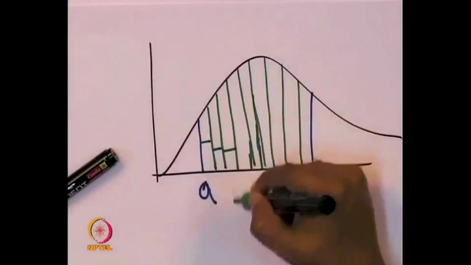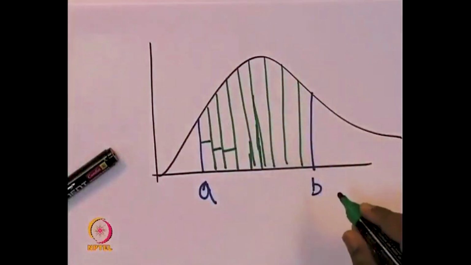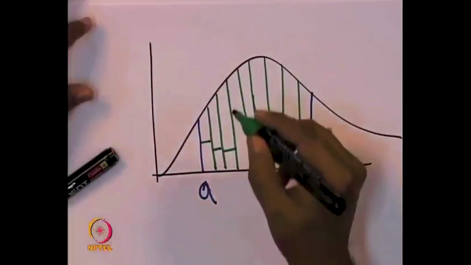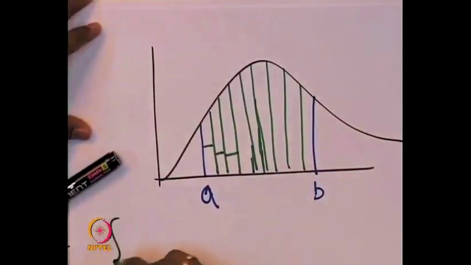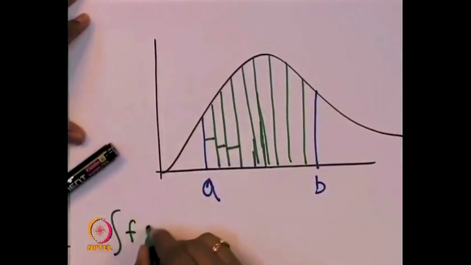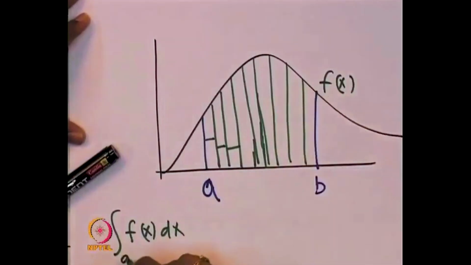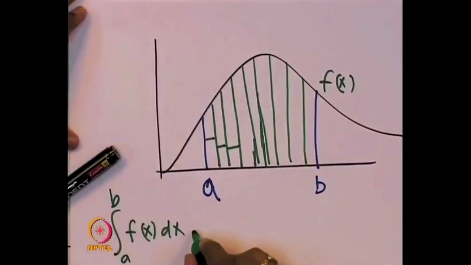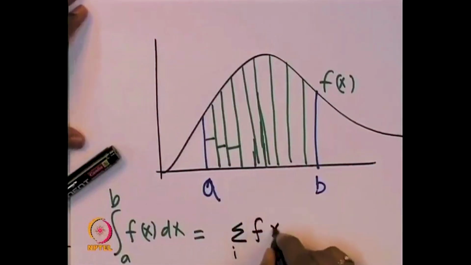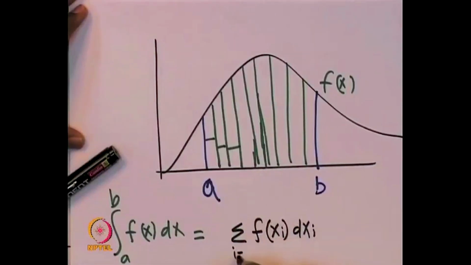So let's say you divide this into n equal parts, then this integral of f of x dx, so this is our f of x from a to b, can be written as the sum over i of f of x i dx i, where i is 1 to n.